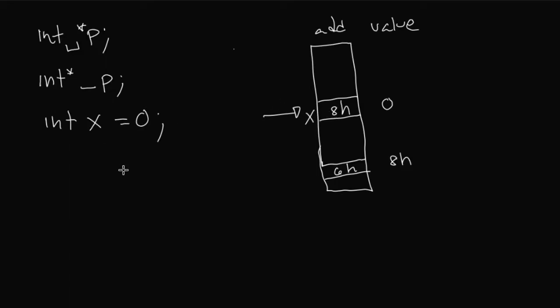So pointer p here should contain an address. If we need to assign an address inside pointer p, we just get the address of x, so that the value inside here is 8H.